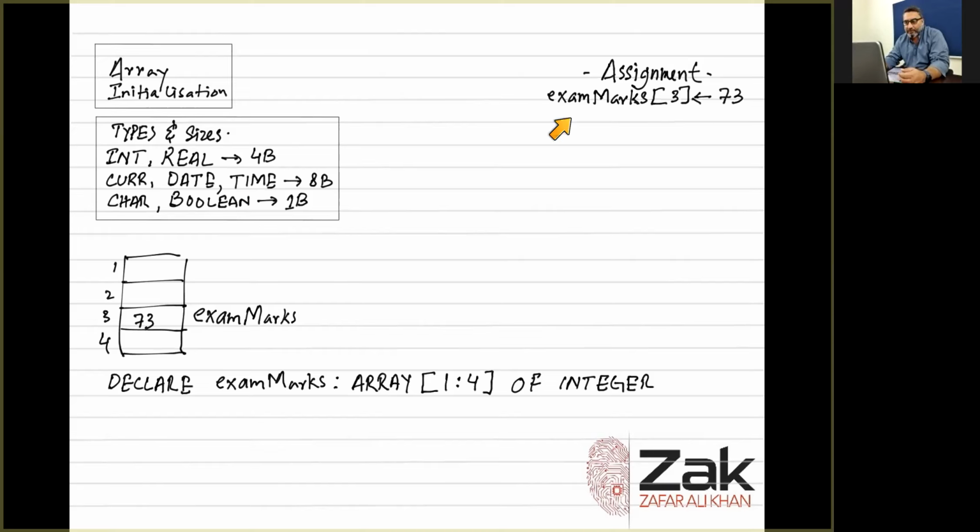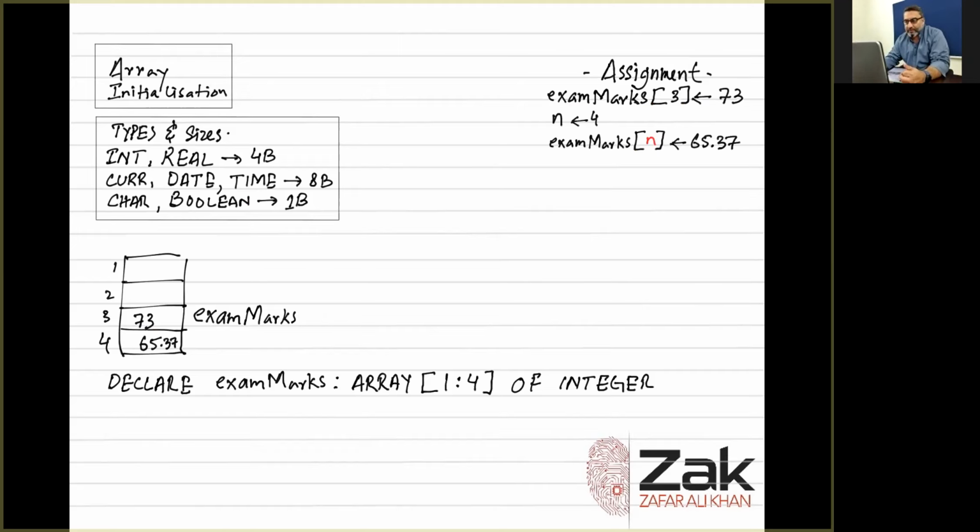So how do we do that? ExamMarks and these square brackets tell that we are going to use a subscript, meaning index, inside it. So whatever number you place inside it will be regarded as the index. So in the ExamMarks array at index 3, we are going to place 73, and there we go. 73 is placed in memory at location 3.